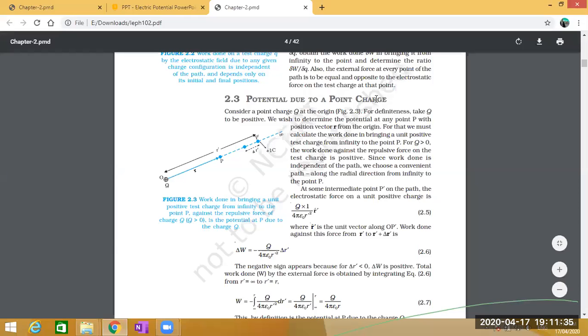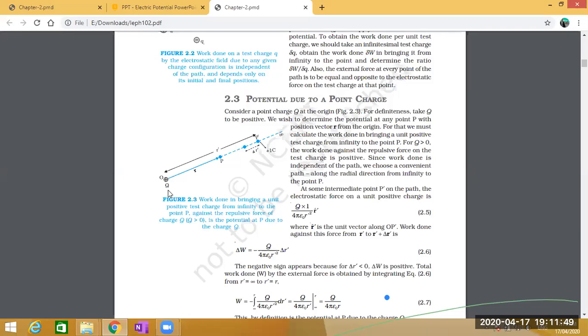Look, this is the point charge Q, which is kept fixed here. At a distance r from this charge Q, the point is named as O, there is another point P where we have to calculate electric potential.